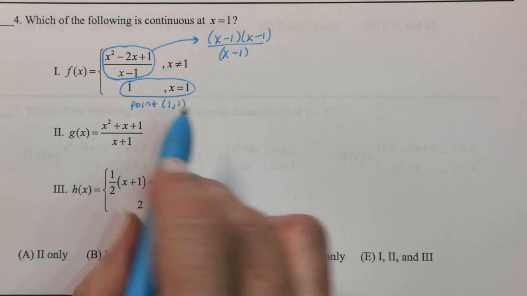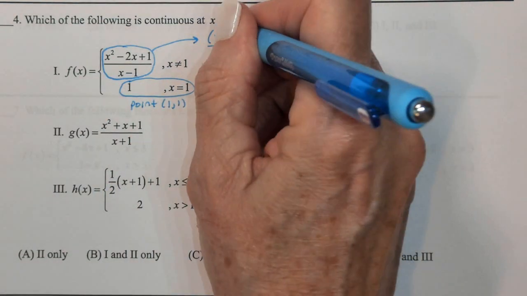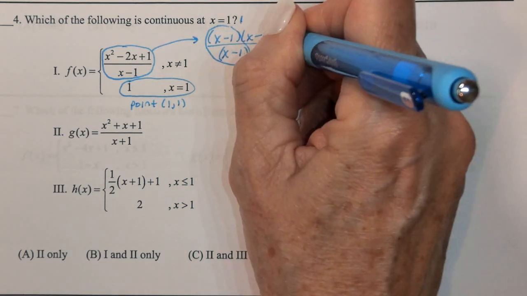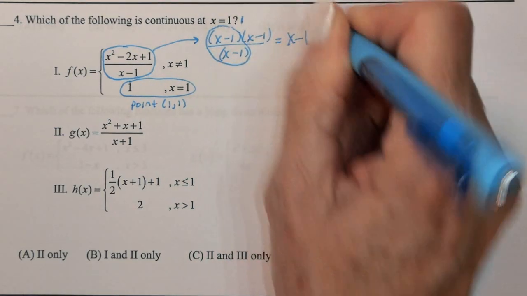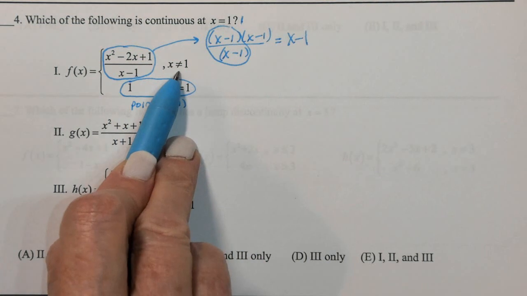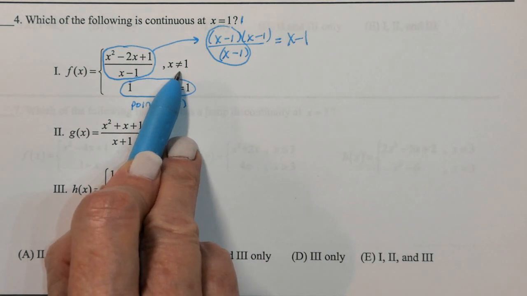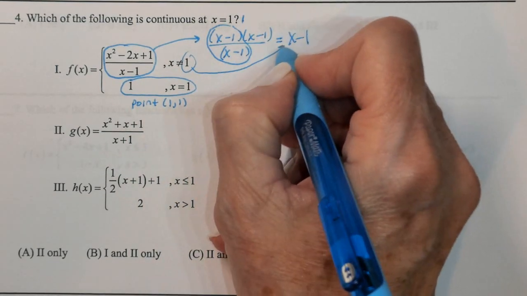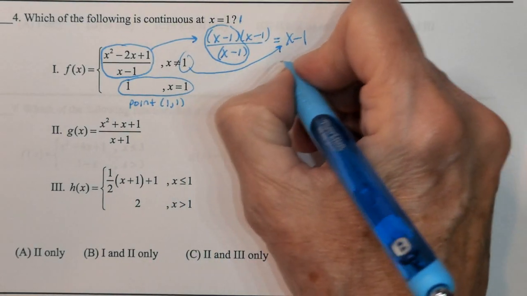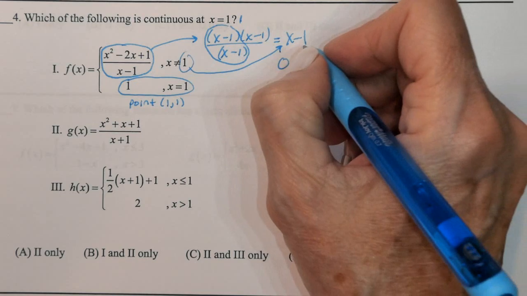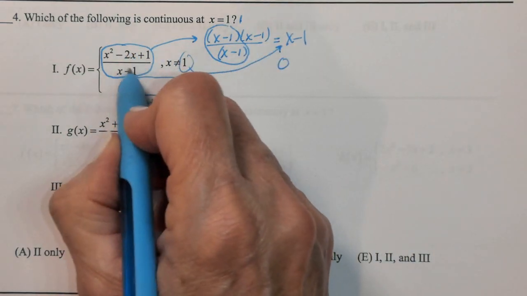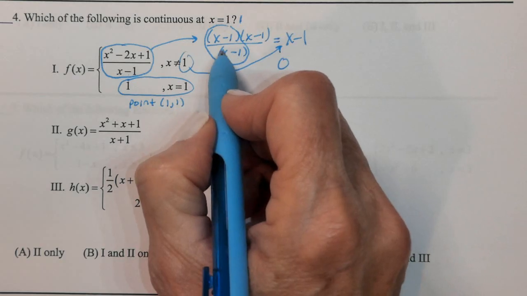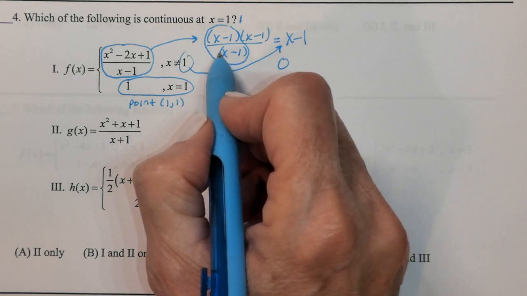All right, since x is not equal to 1, I get to reduce these. And that reduces to 1. So this is equal to x minus 1 because x is not 1, right? Now if I put in 1 to the remaining x, I get 0. So this is a rational function with a hole when x is 1, right?